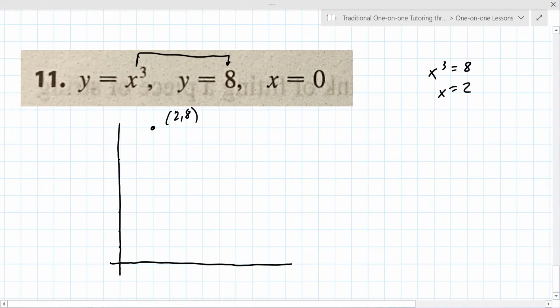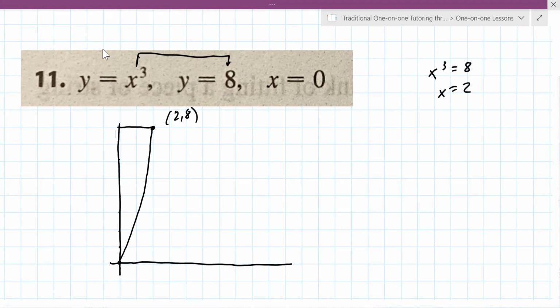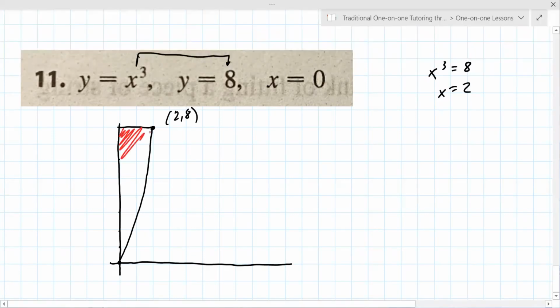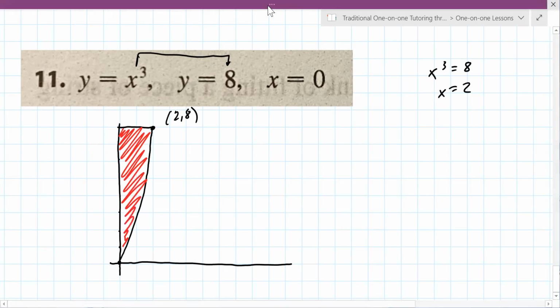And then x equals 0 is down here. So we know that the cubic thing looks like this roughly, and we've got this line right here, and we've got x equals 0. So it's all of this region right here.